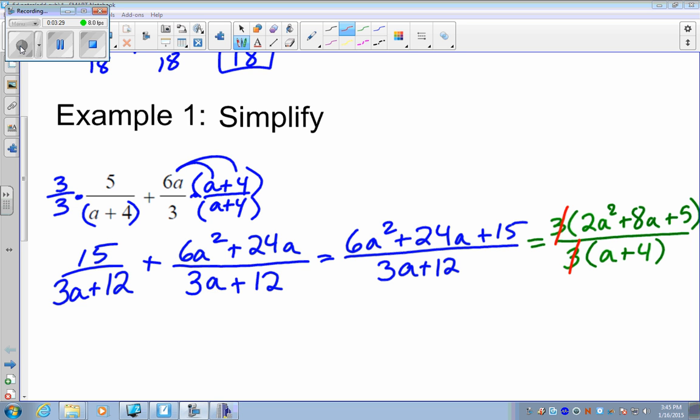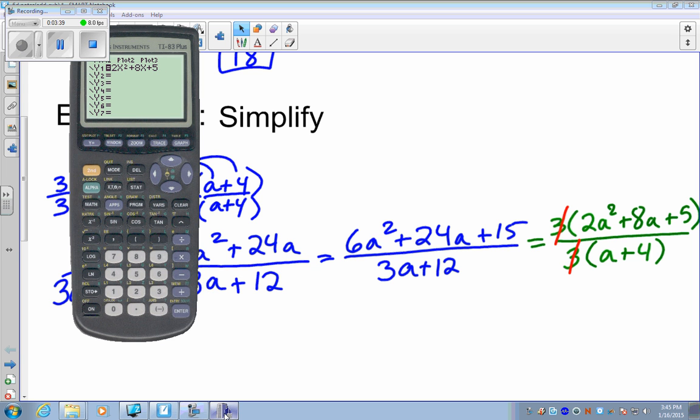We can look to see if we can factor the numerator even more. Maybe we can get an a plus 4. So you put it in the calculator, graph it, get your 0. I'll just check one of them for now. Enter, right bound, enter, enter.